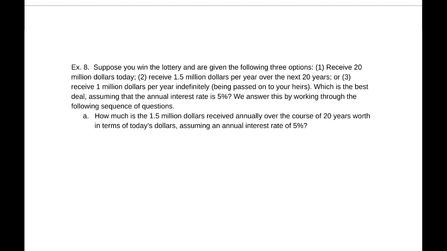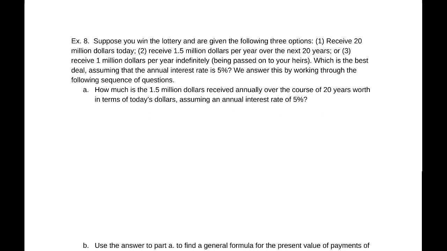So, number 1, how much is the $1.5 million received annually over the course of 20 years worth? Okay, assuming we have an annual interest rate of 5%. Well, the year 1 amount, payment 1, times 1.05 to the 1, is the $1.5 million. So the current value, based on the interest rate, is 1.5 million divided by 1.05.